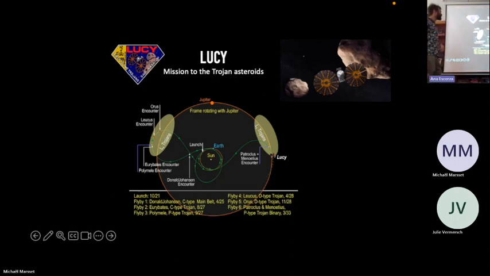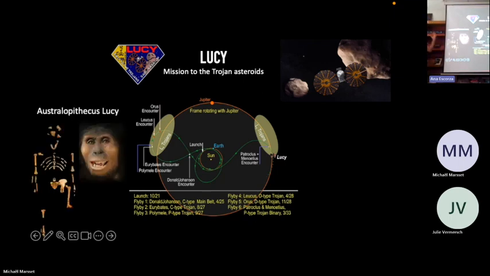The reason for the name of the mission, Lucy, is that Jupiter Trojans are believed to be relics of very pristine objects, compositionally, from the outer solar system. So they are like fossils of the solar system.